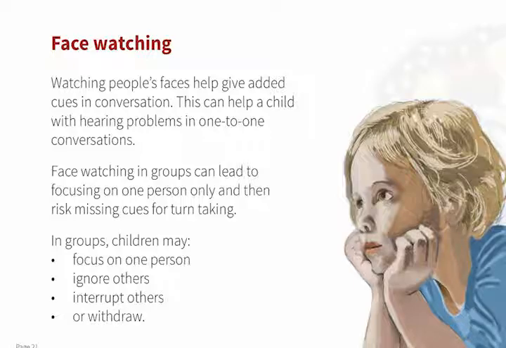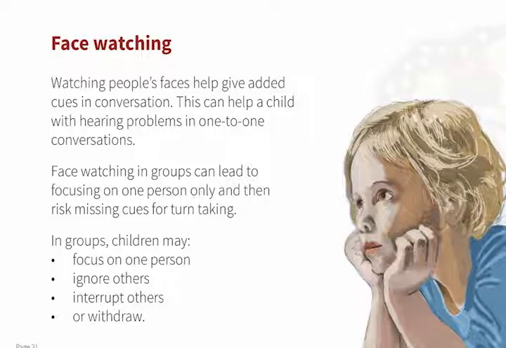This is another thing that teachers can do when observing children's behaviour in class, particularly participation in small groups when there is background noise in class. If you notice children having difficulty taking in the whole group and conversing in the group, but just focusing on one person, then this may be an indicator of some listening problems. In groups, children may focus on one person, ignore others, interrupt others, or simply withdraw and not be able to cope.